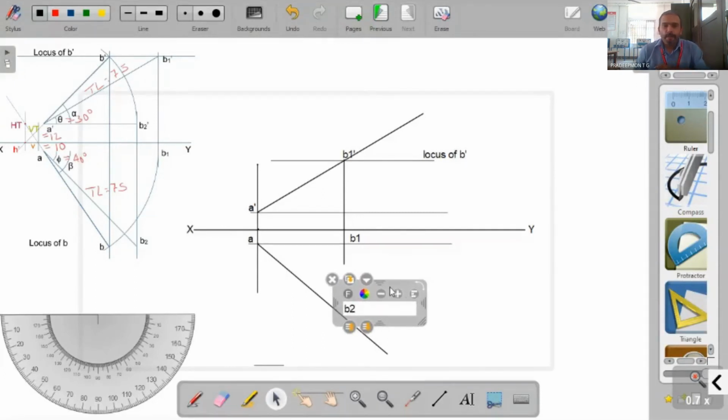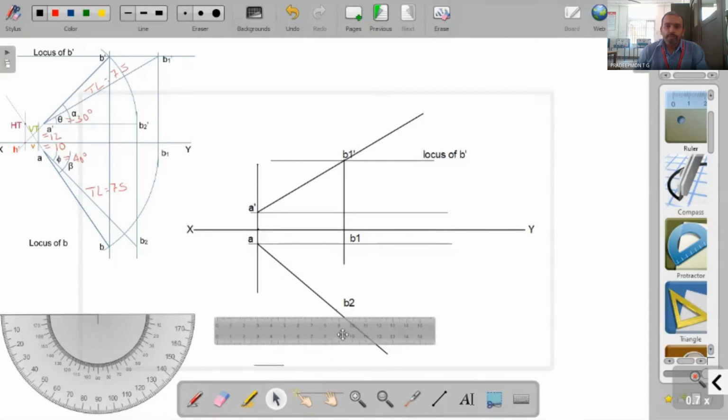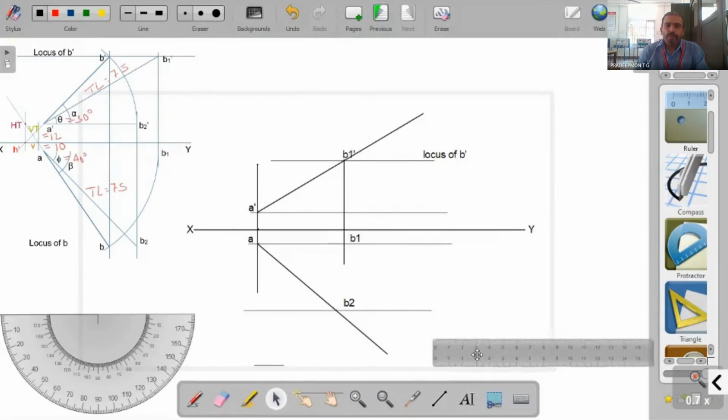Now draw the locus of B. Locus of B is a line which is parallel to XY line and passing through B2. So the locus of B2 can be drawn here. So now we can find out the point B2 dash.